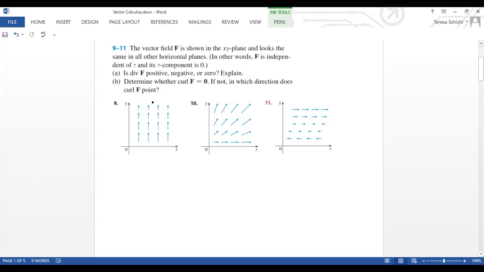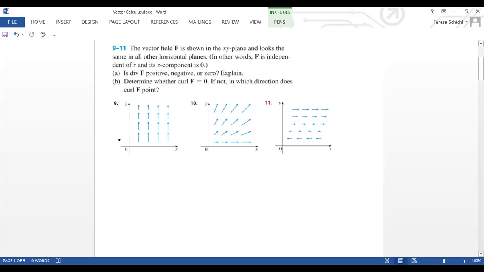So it is not divergence here. That means I expect the divergence of F should be a negative value. All right, so this is our eyeball intuitive feeling about this field.